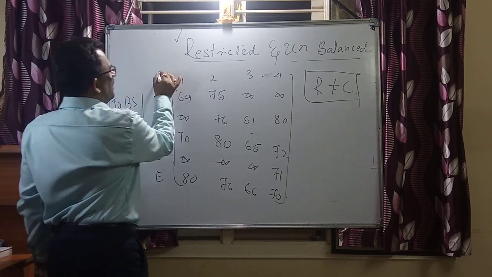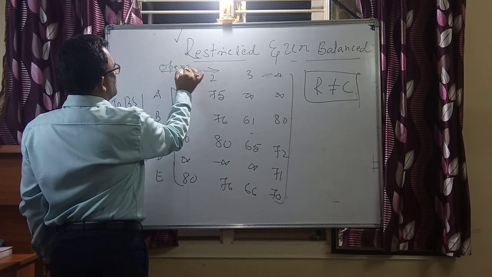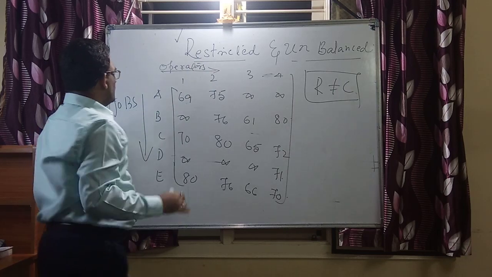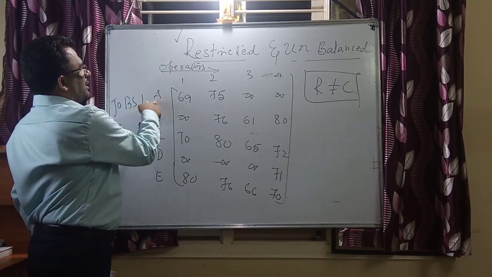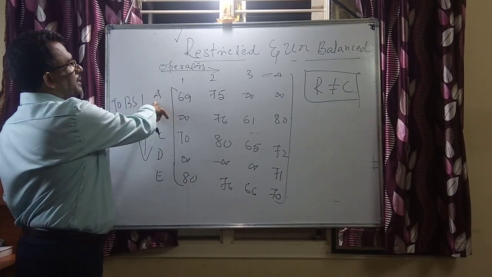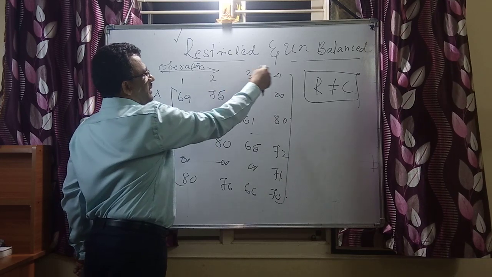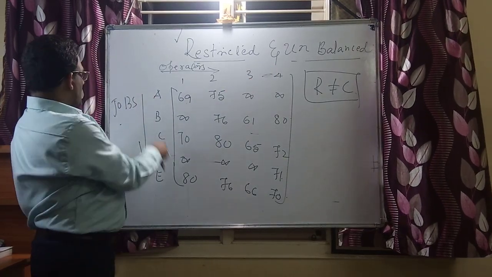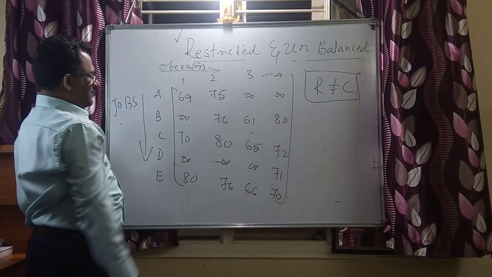This is what the jobs are all about. And here we have the employees or operators, you can say. Now, jobs and operators. Job A is restricted with operator number 3 and operator number 4. Again, job B is restricted with operator 1, it's the infinite symbol here.